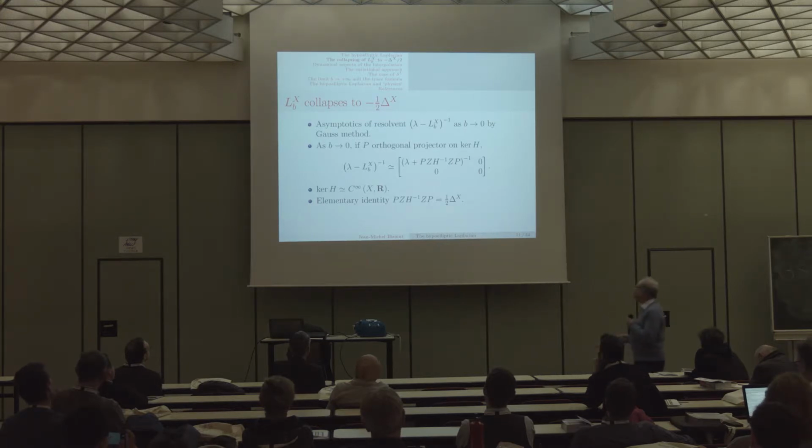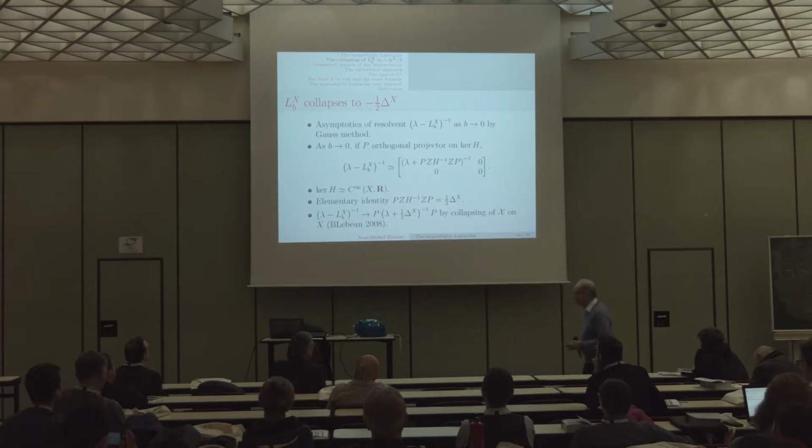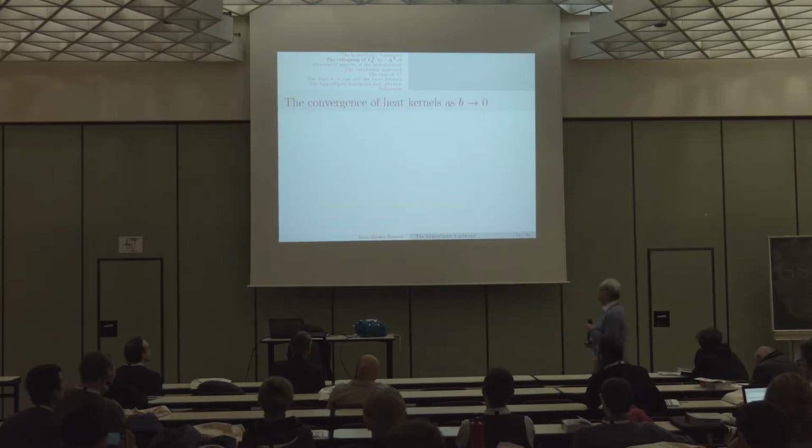In particular, this formula explains why we get an operator of order 2 on the base, while the vector field Z was of order 1. So in some sense, it is true that the resolvent of LBX converges in the proper sense to the resolvent of the Laplacian on the base by a collapsing. Collapsing means that you forget about the fiber except for the kernel of the harmonic oscillator.